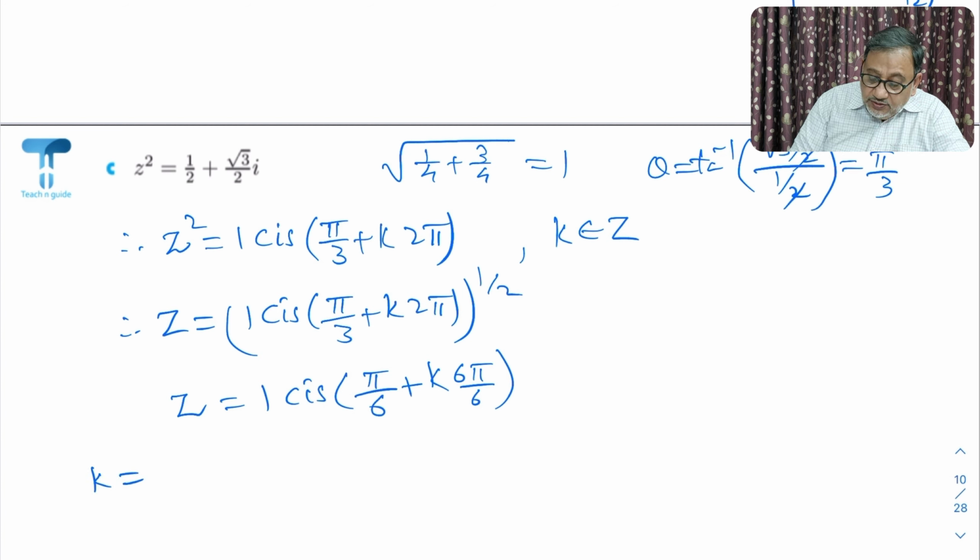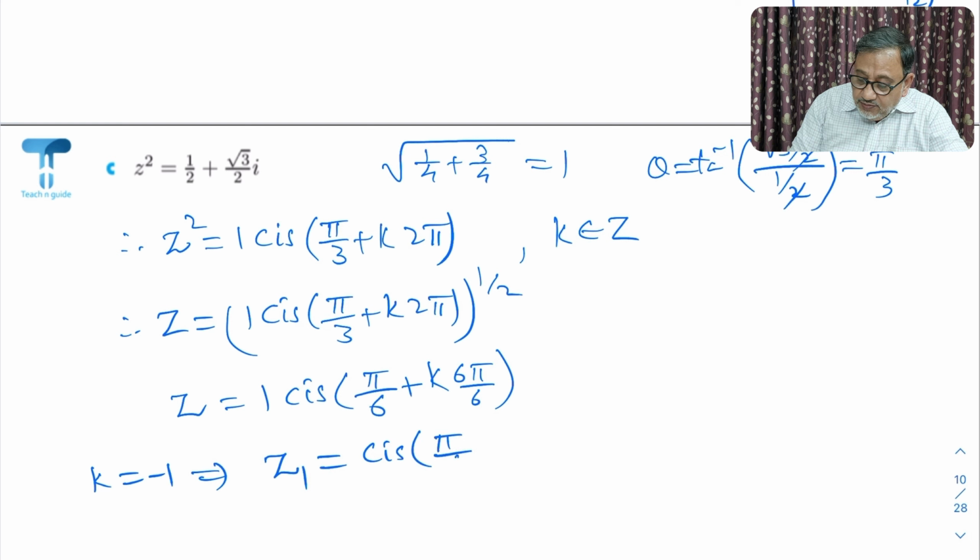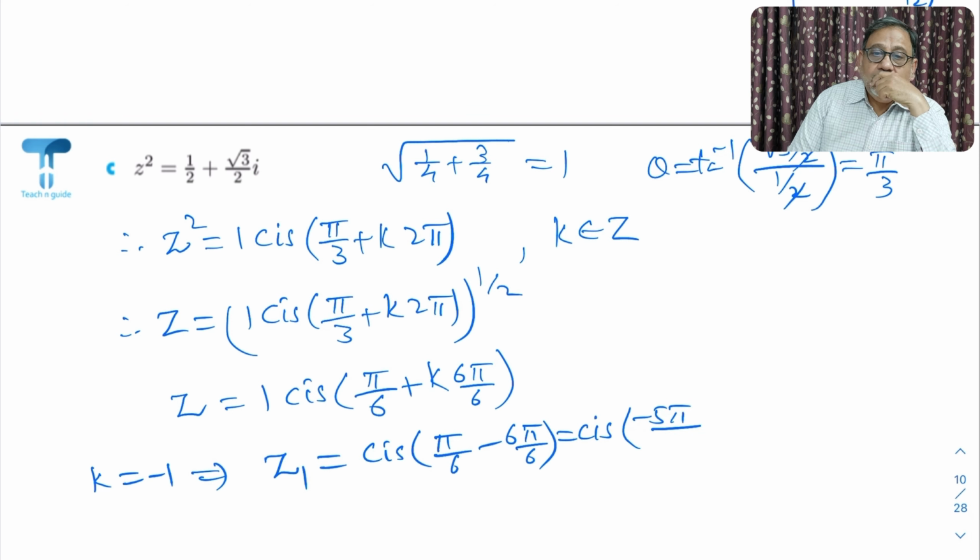So k is equal to minus 1 and then k is equal to 0. So k is equal to minus 1 gives me the first root, cis pi by 6 minus 6 pi by 6. So cis 1 minus 6, minus 5 pi by 6, okay. Are you following me?